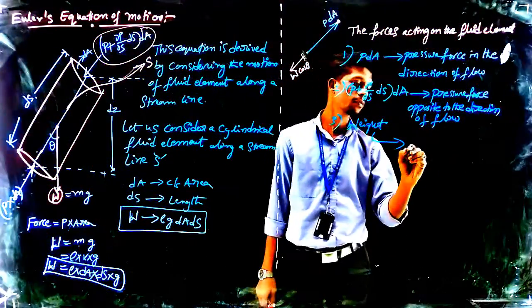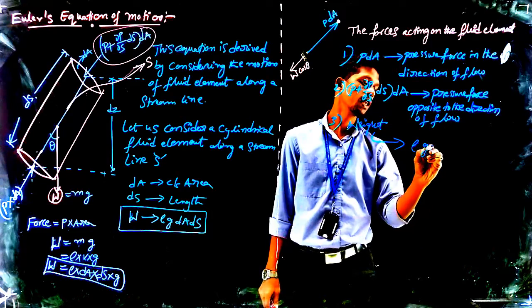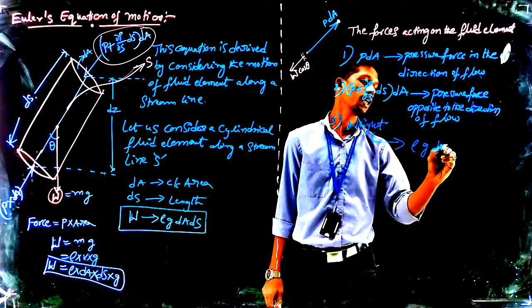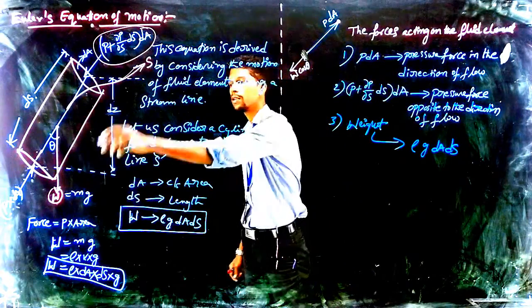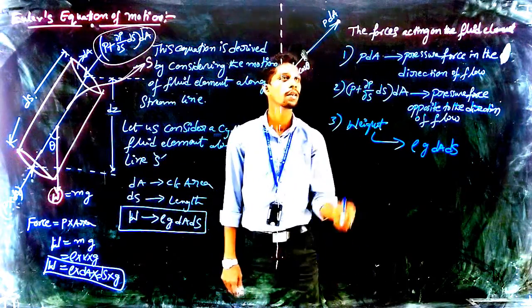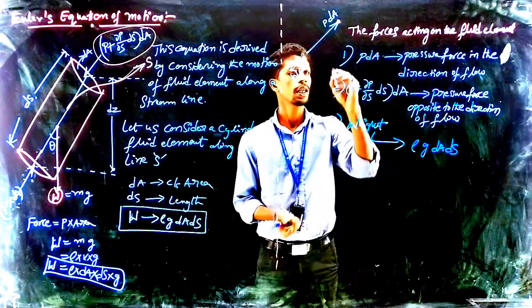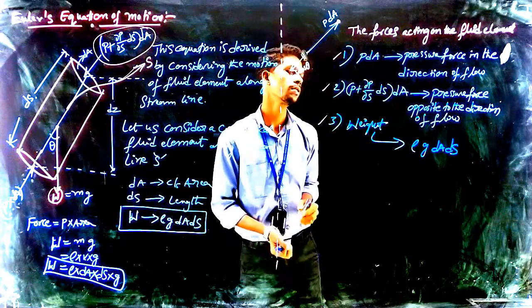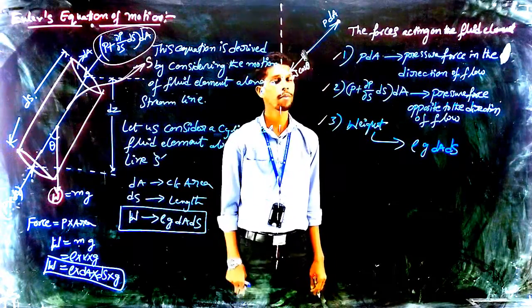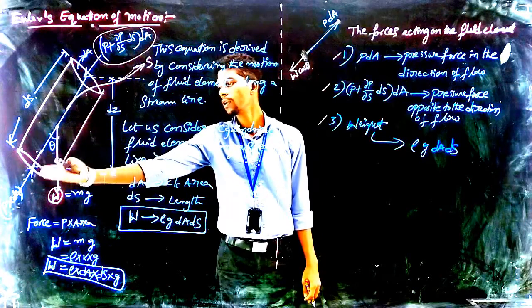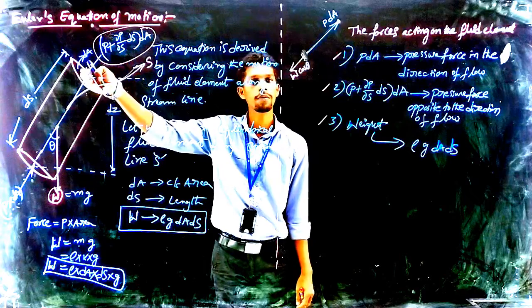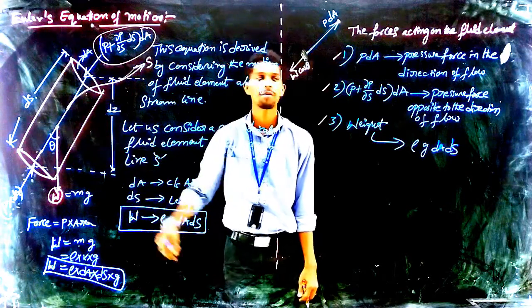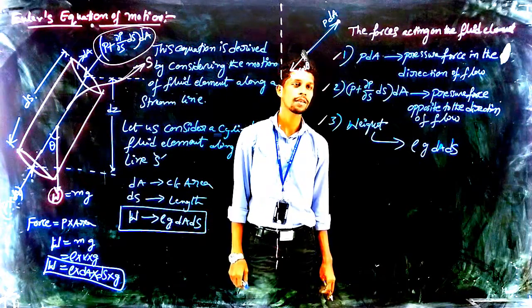So what about the weight? Rho into g into dA into ds. So this will be acting in the downward direction, right? So these are the three different forces which are acting on the fluid element. One is along the fluid flow, one is opposite to the fluid flow, and the third one is the weight of the fluid element, right?